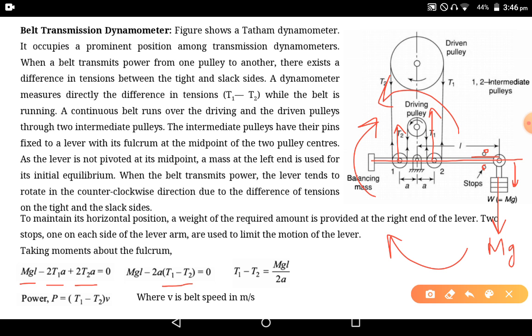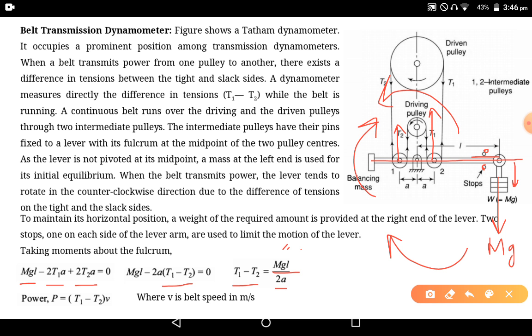So from here the value of T1 minus T2 comes out to be mgL divided by 2a. Here m is known to us, g is known, L is also known, and 2a is also known, so we can directly find the value of T1 minus T2.